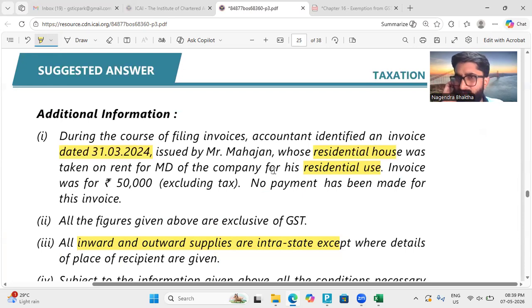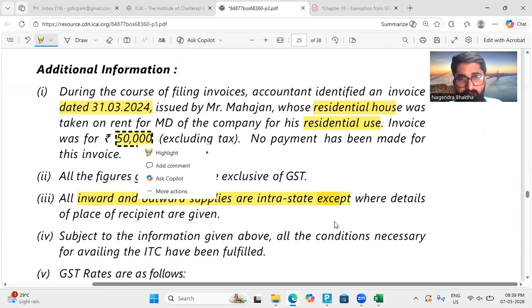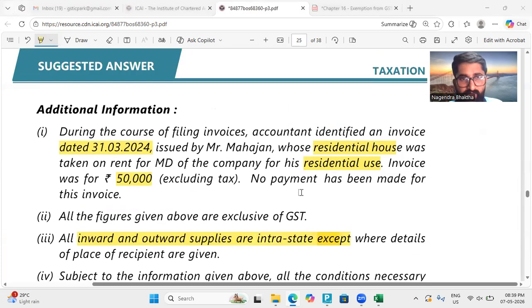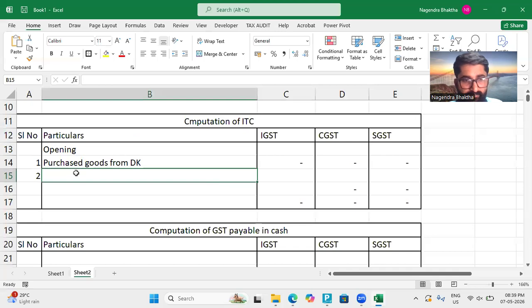We believe that it is intra. If nothing is mentioned, all inward and outward supplies are intrastate, except where provided. Here, nothing is provided, so we will consider it as intra. 50,000 into what is the rate? CGST 9%, SGST 9% for services. 9%, 9%.